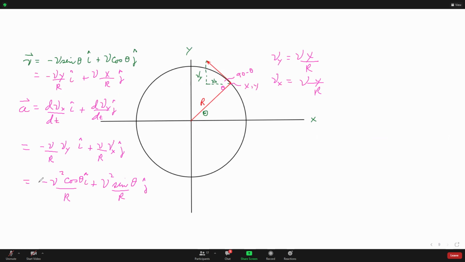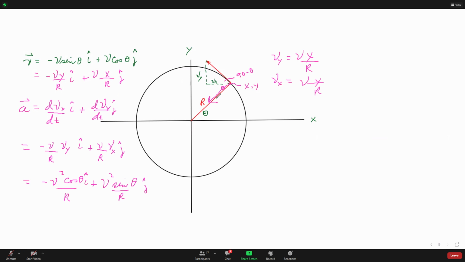Okay, now this is the acceleration, which is a vector. In this particular problem of uniform circular motion, the acceleration is always towards the center. How do I know that? The speed is not changing.